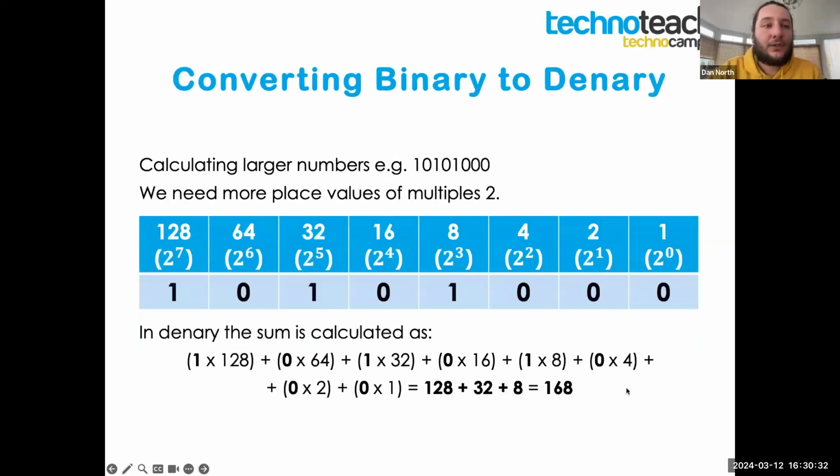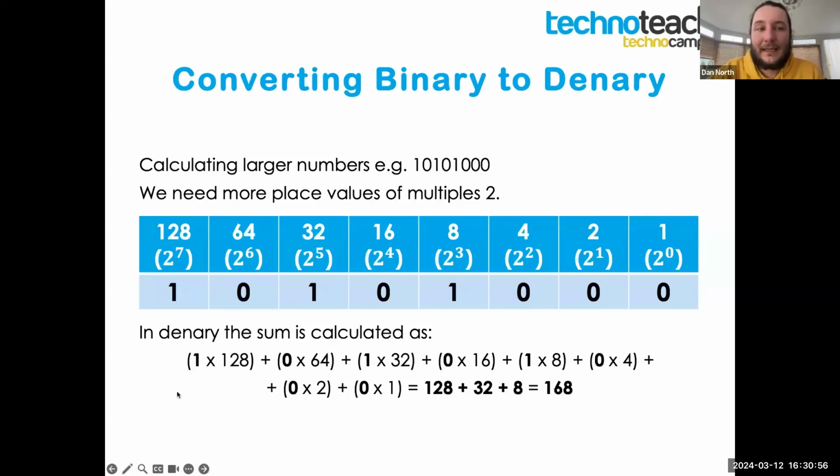Okay. So we can also use this same system to calculate larger numbers. Okay, if we've got 101010000, we split it into the columns. We just write it out in powers of 2. 1, 2, 4, 8, 16, 32, 64, 128. We multiply by 2 each time, and we fill in the number.